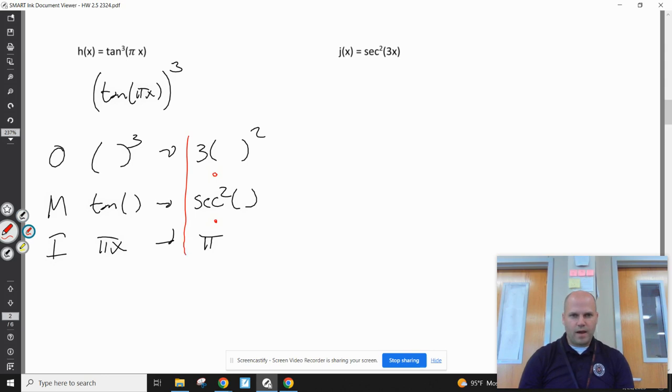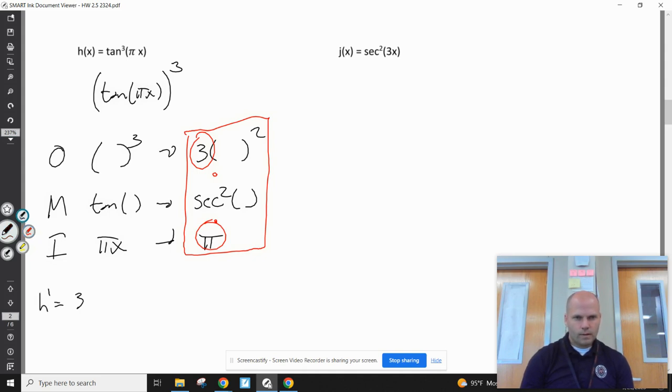Let's try to simplify as we go. The 3 and the pi. Big parentheses squared. Secant squared, parentheses. What starts in the parentheses stays in the parentheses. What started in the cubed will stay in this big set of parentheses.